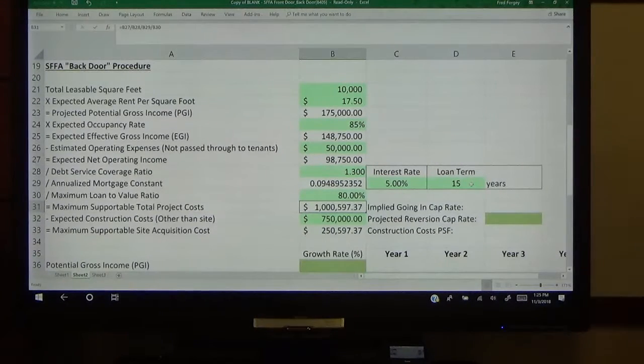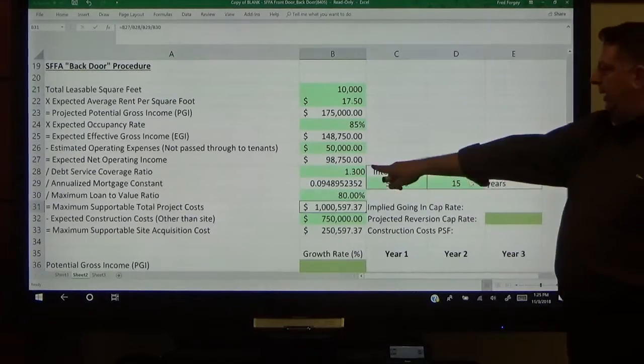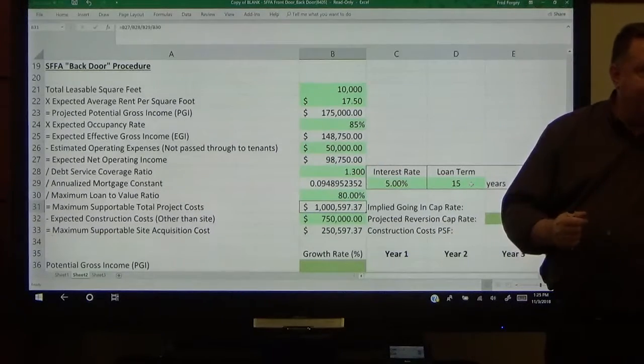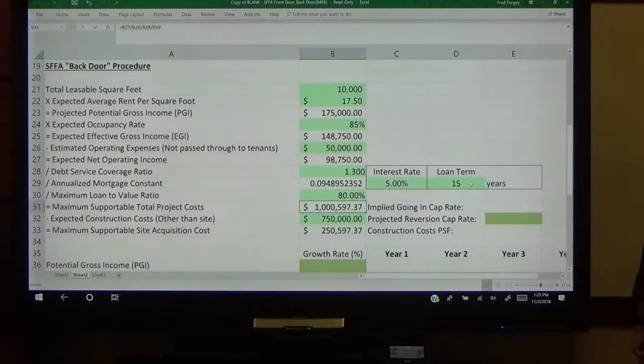The first step is we divide that by our debt service coverage ratio, which is 1.3. 98,750 divided by 1.3 gives us 75,961.54, which is, in essence, our maximum annual debt service number that we found in the front door approach.